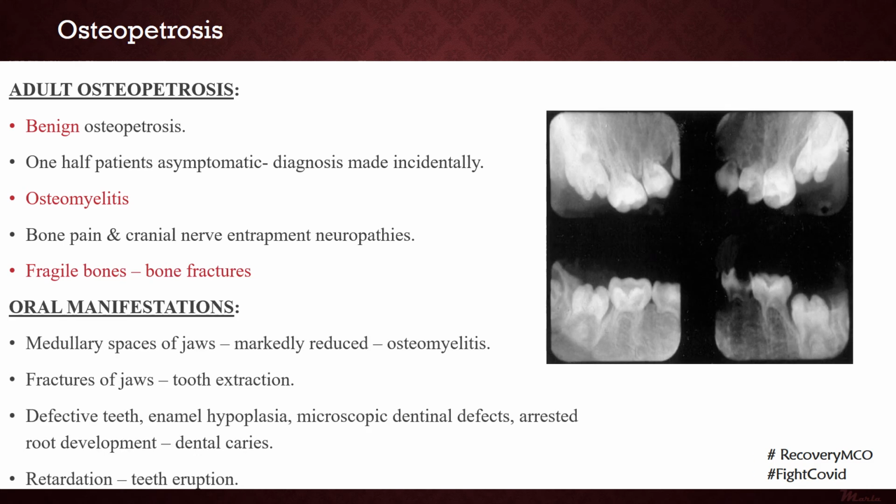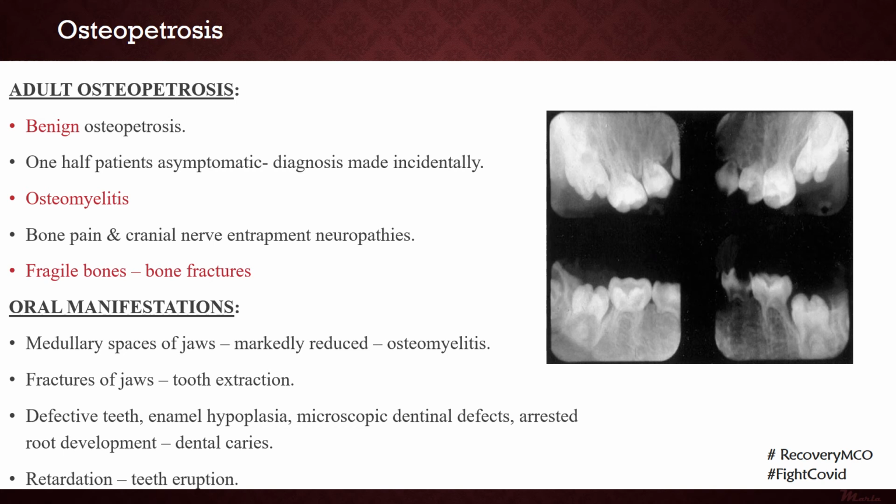Oral manifestations of osteopetrosis will show medullary spaces which are markedly reduced. The increased bone formation would decrease the space for marrow tissue, which would predispose to osteomyelitis.